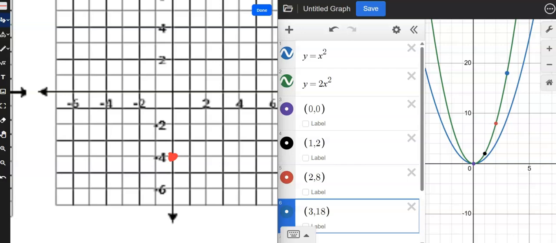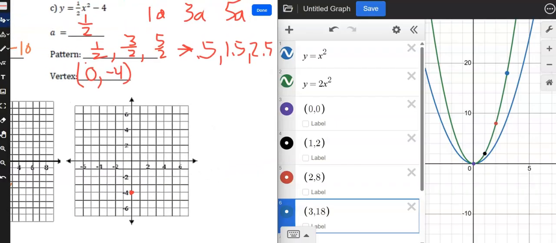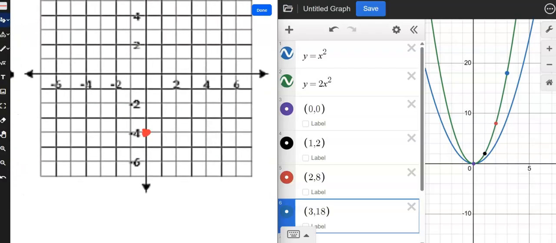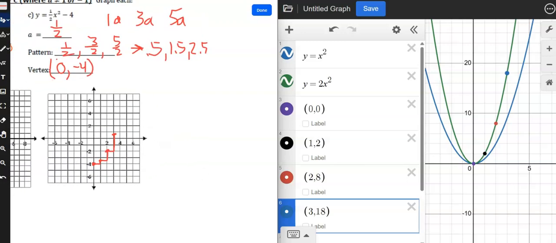Wait a second. Yeah, okay. Yeah, we're good. All right, now we're using 0.5. So over 1 up 0.5. Over 1 up 1.5. Over 1 up 2.5. Is that right? Yep.